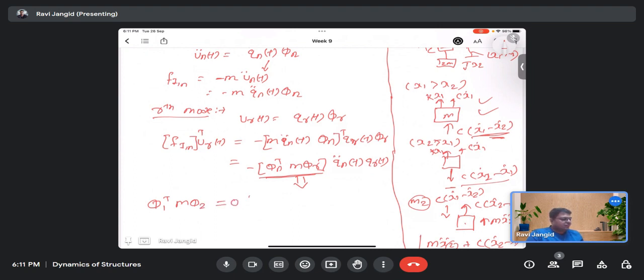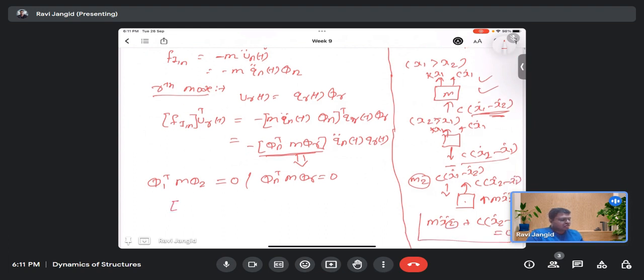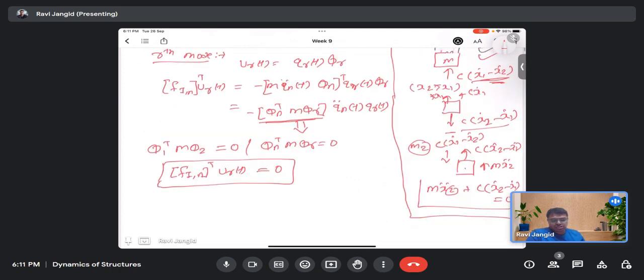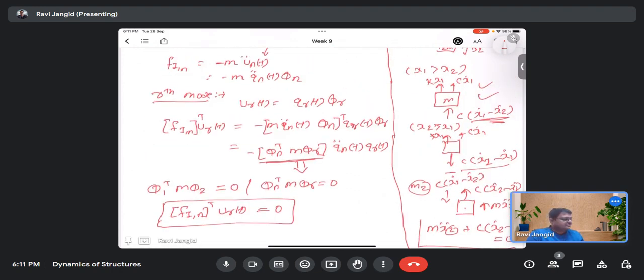Here we have the nth and rth modes, so phi n transpose m phi r would be 0. So the work done from the nth mode to the rth mode comes out to be 0. Okay, so this option A is correct.